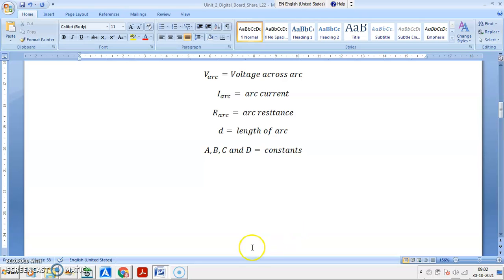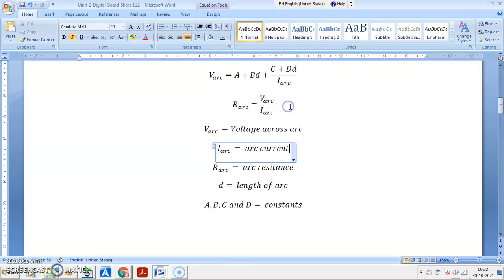By this formula, A, B, C, D are constants. So by increasing the length of the arc you can extinguish the arc. By increasing the length of arc D, you can increase the resistance of the arc, and therefore as the length increases, the arc voltage will get reduced.